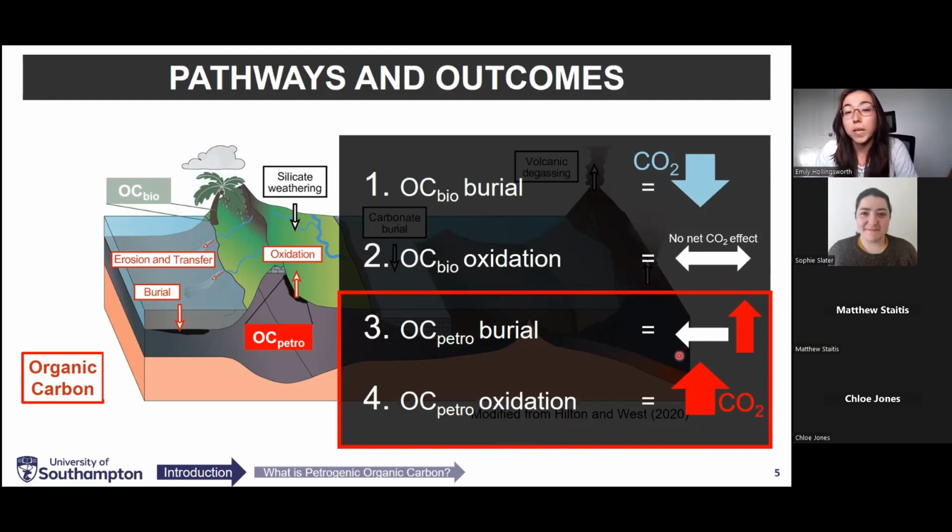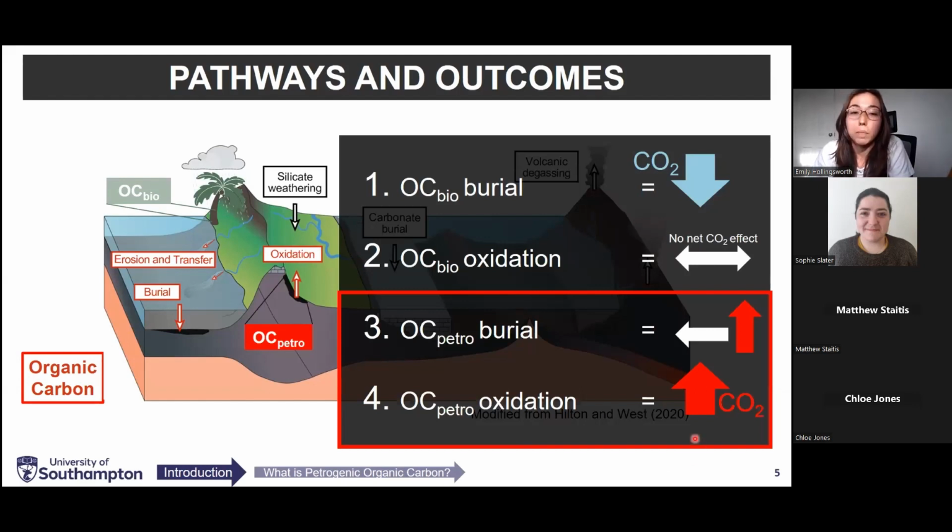And so the big question is, what is OC petro going to do in our future, especially in a warmer and wetter future? Because an increase in precipitation has been strongly linked with more erosion and more transfer of material from land to the sea. And so it could become a really important positive feedback mechanism in the future.